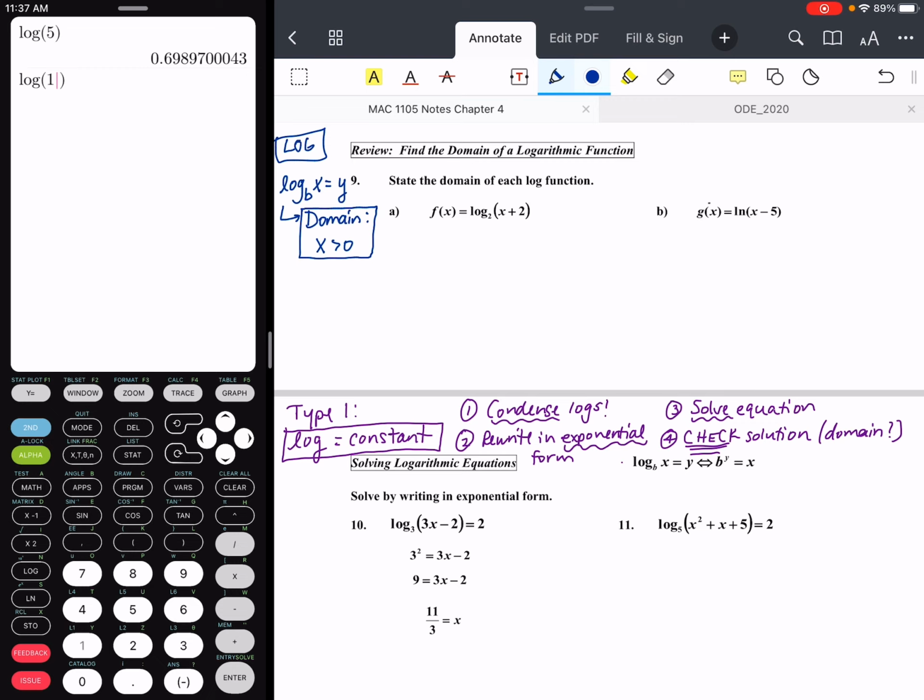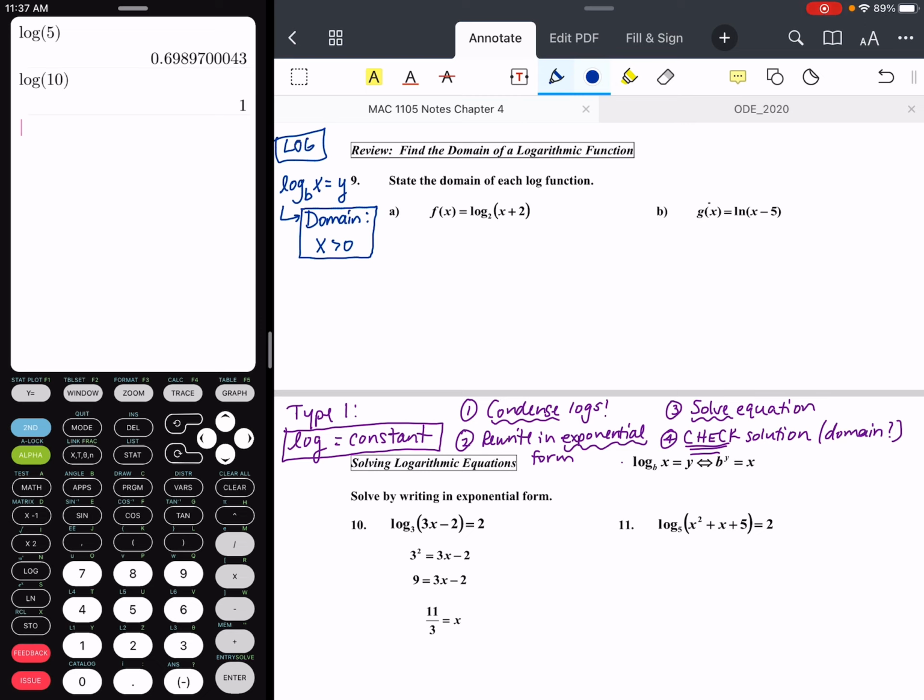Log of 10 is 1. Log of negative 5 is not a number. It's an error message. You'll get some sort of error message on your calculator. And even log of 0, some sort of error message on your calculator. It might be a different error message, but your calculator is not going to be happy.